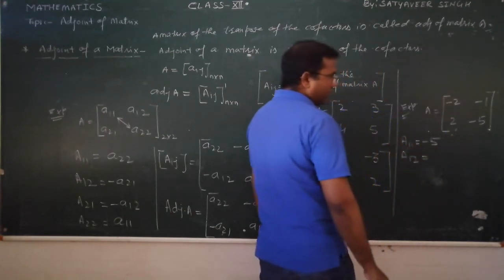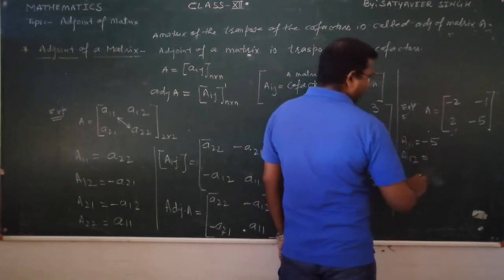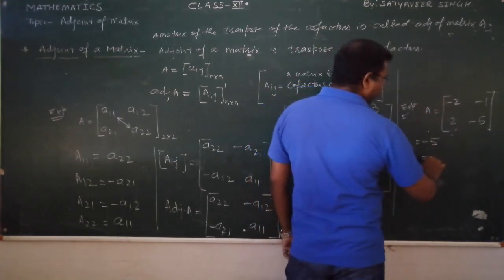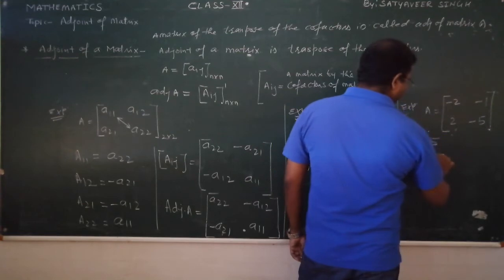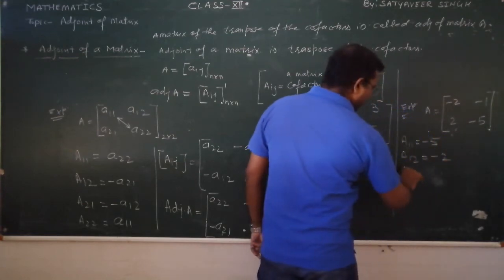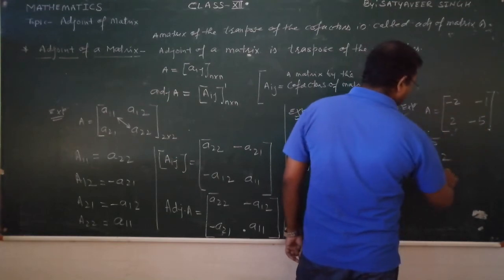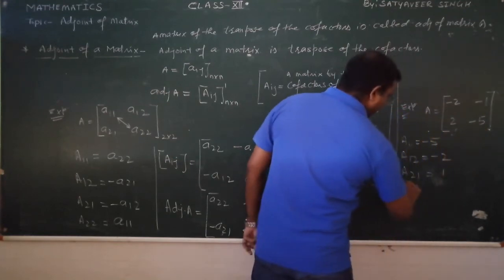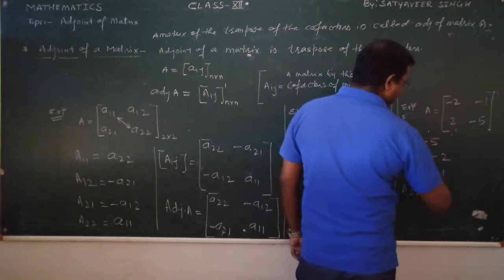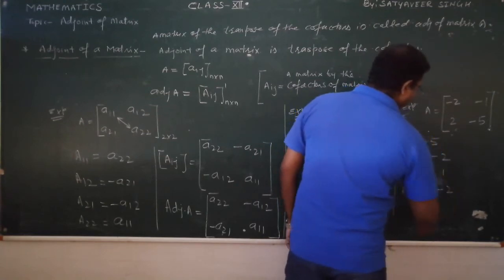A12 it is 2, minus 2. And what is A21? A21 it is 1, and what is A22? A22 it is minus 2.